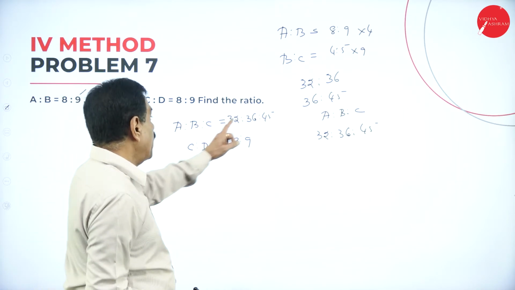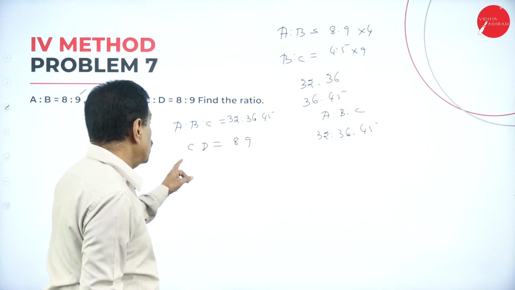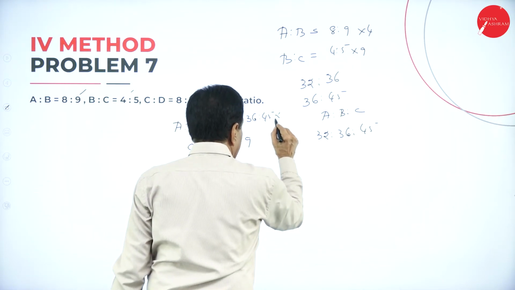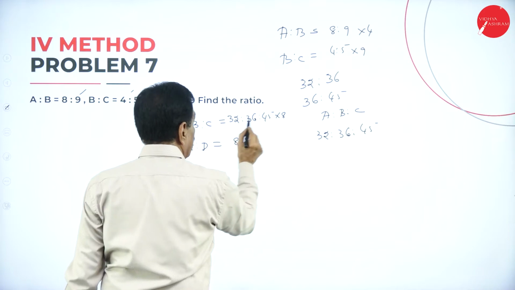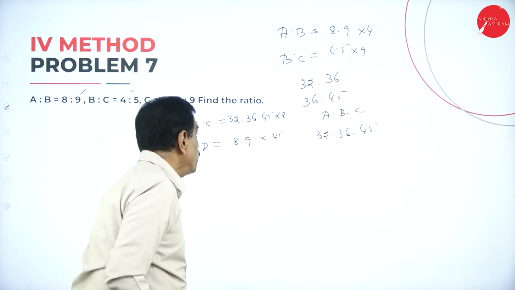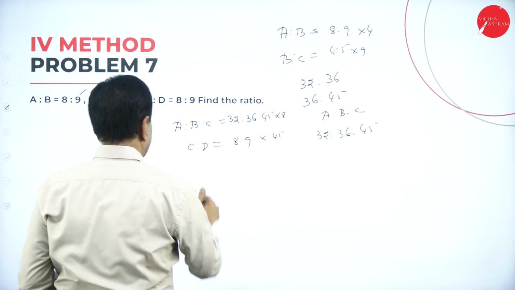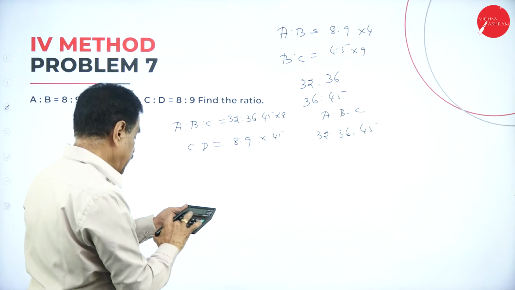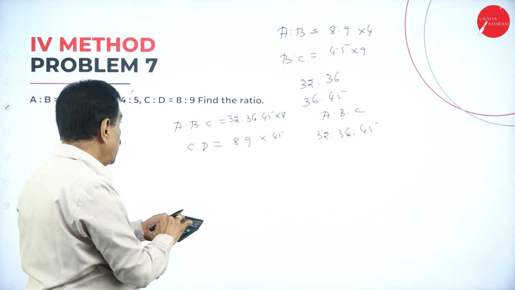C. What is the C value? 45 here, and 8 here. So C, 8 multiplied here. The C value goes here. 32 into 8.